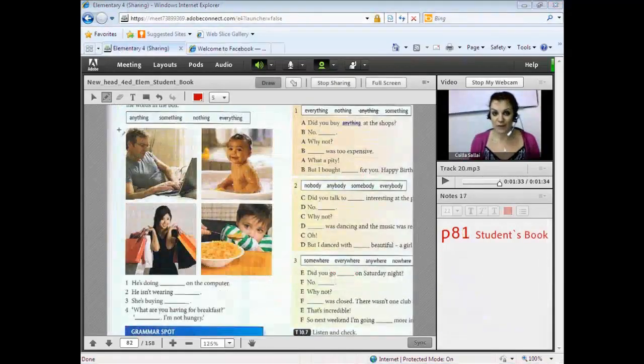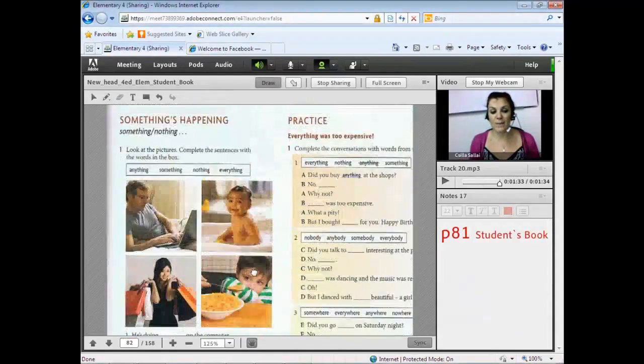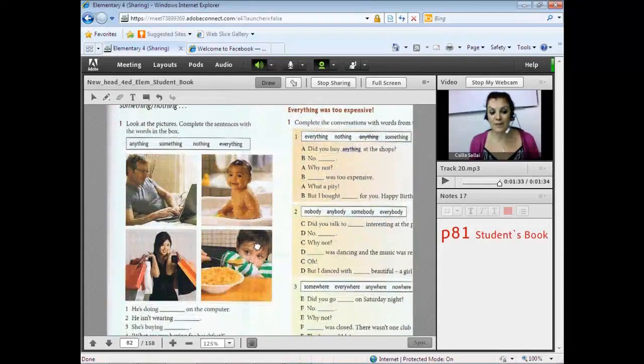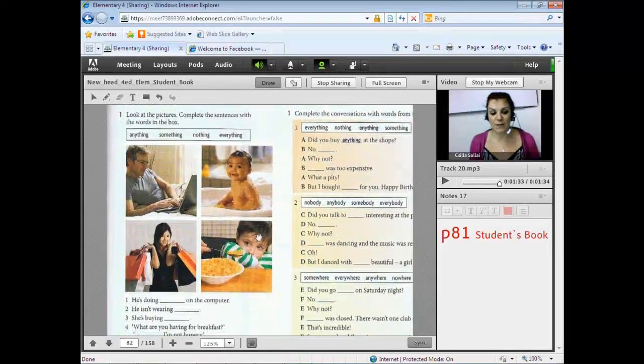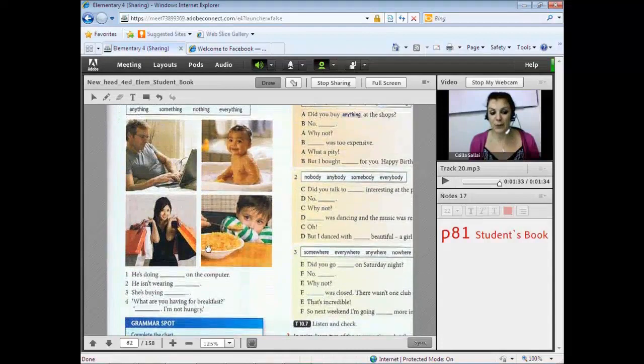Now let's move on to exercise number 1 on page 81. Something's happening. Look at the 4 pictures in exercise number 1, and your task is to complete the sentences about the people and about what they are doing in the pictures, here under the pictures.